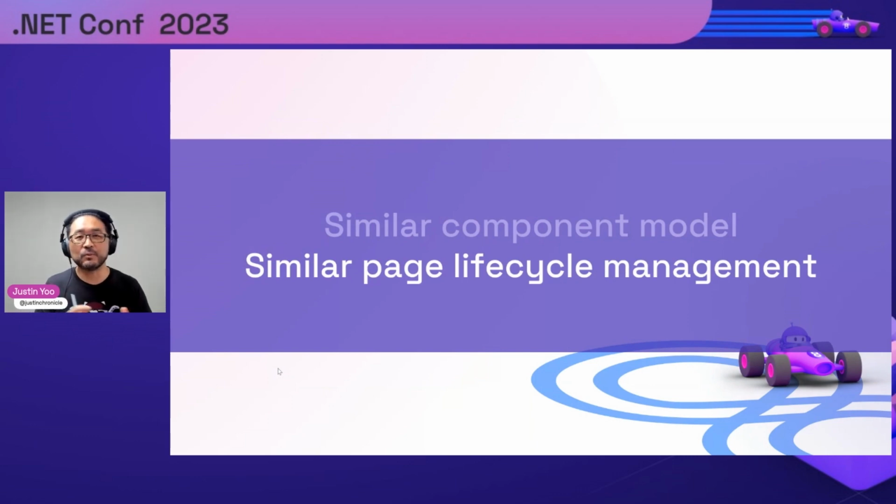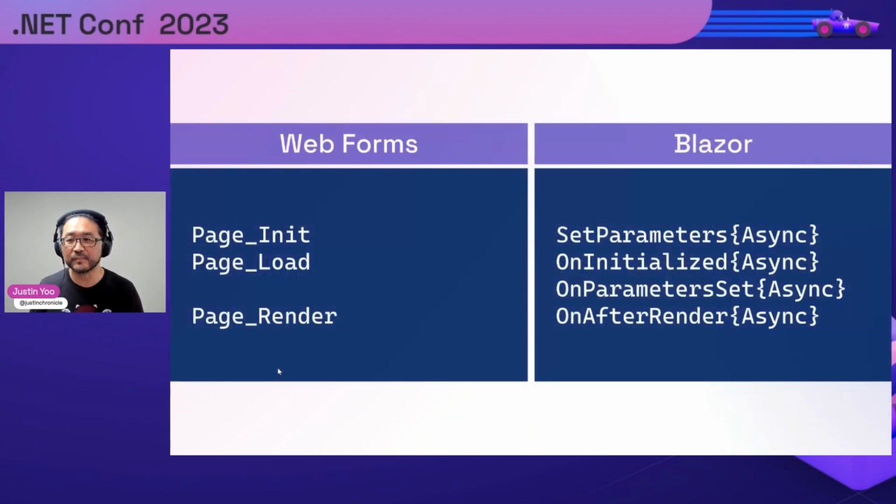Another similarity between WebForms and Blazor is that they have similar page lifecycle management. Let's take a look at this comparison. This is not a 100% one-to-one match, but both have their own page life cycles.